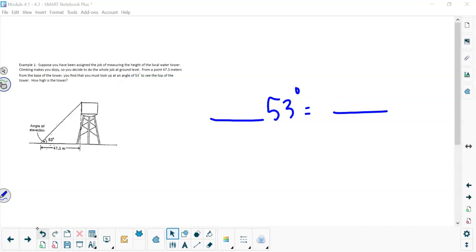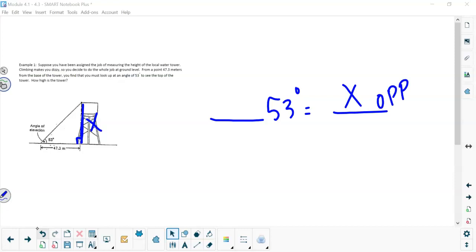All right, we have our setup. Let's fill in our fraction. What are we looking for again? This one, right? All right, there's your right angle. Remember, the height and the ground always form 90 degrees. So if we're looking for that, what is that in relation to the angle, 53 degrees? Opposite. It's opposite. Very good. If it is opposite, then let's put it on top. Let's see what happens when you put it on top. X is on top.